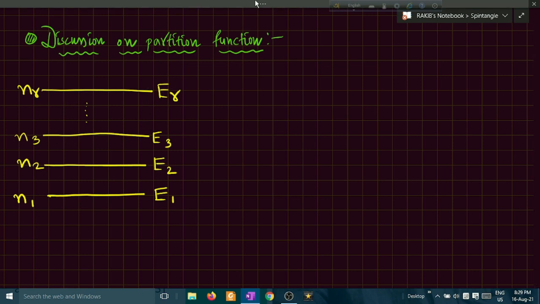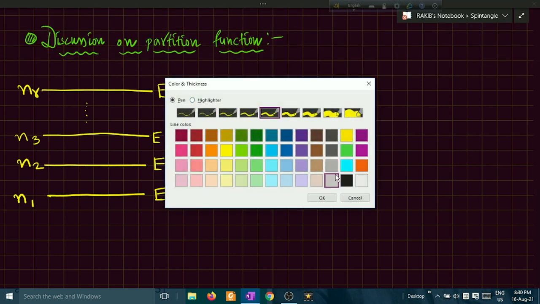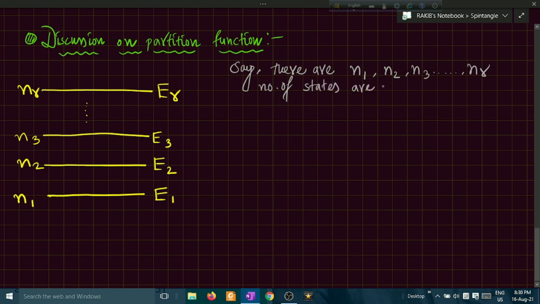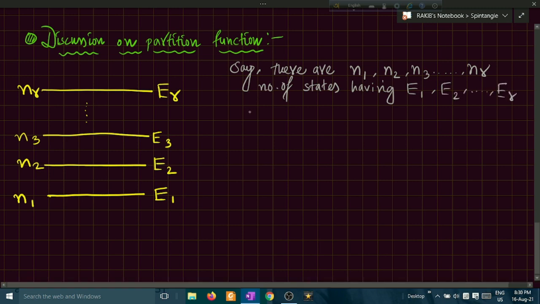Say there are N1, N2, N3 dot dot dot NR number of states having E1, E2 dot dot dot ER energy levels.